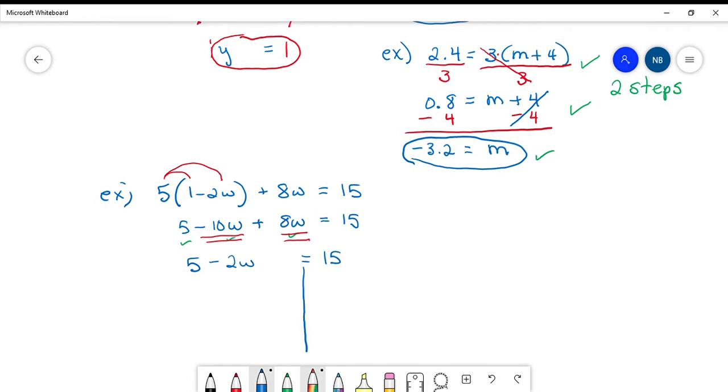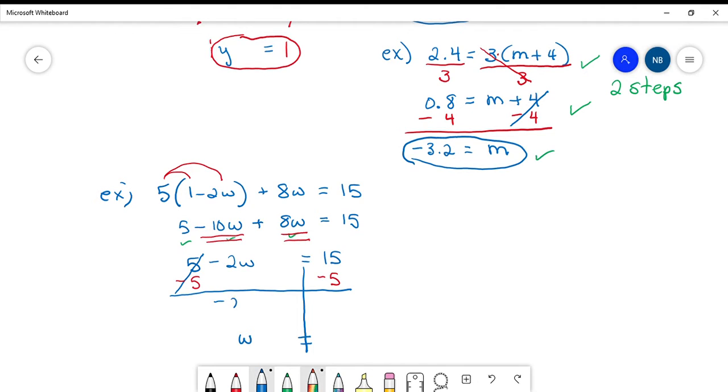Now we're at that 2-step equation process where we have the rule which says I have to do the same thing to both sides. My goal is w equals. So the 5 and the negative 2 have to go. I'm going to subtract 5 from both sides because 5 minus 5 makes 0, so that term disappears.